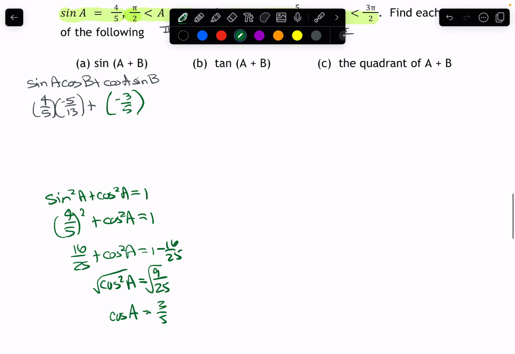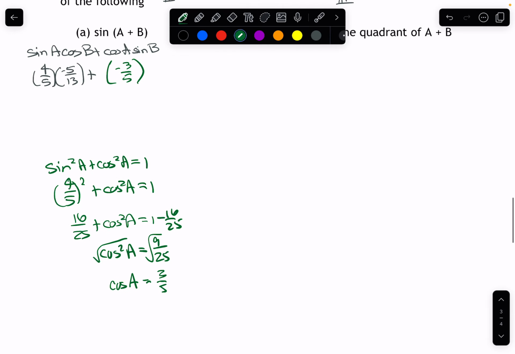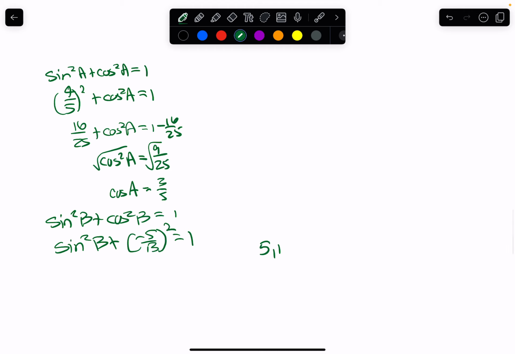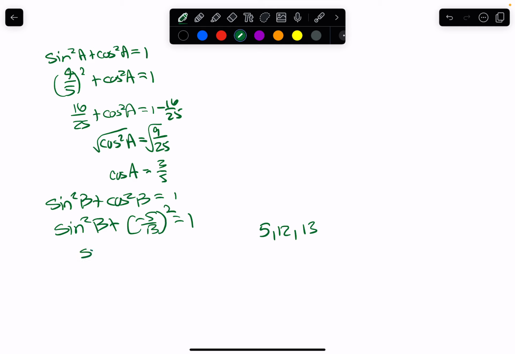We'll do the very same thing then to find the sine of b. Sine squared b plus cosine squared b equals 1. And again, cosine of b was negative 5/13. If you can recognize that's a Pythagorean triple of 5, 12, 13, great, but I'm going to go ahead and work this out just so we have the whole solution.